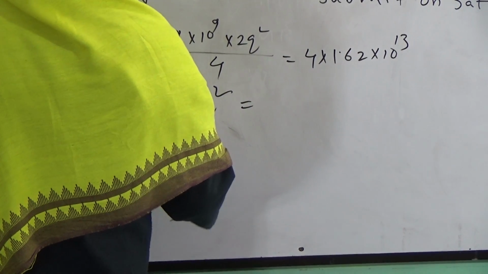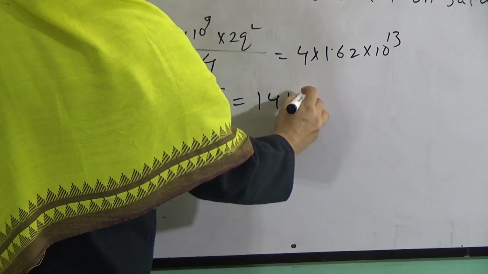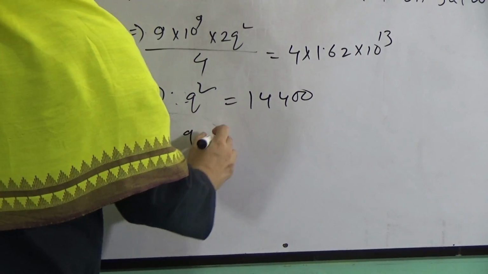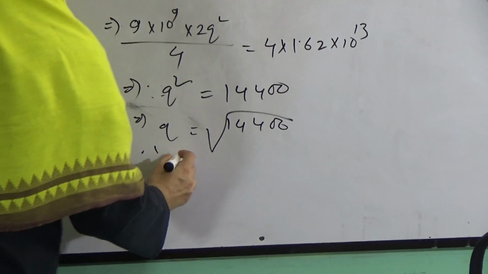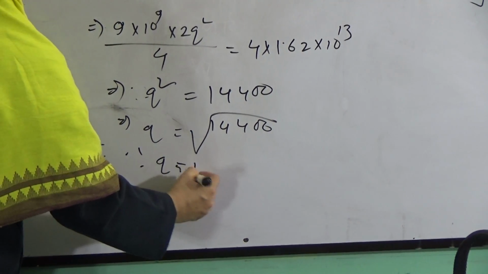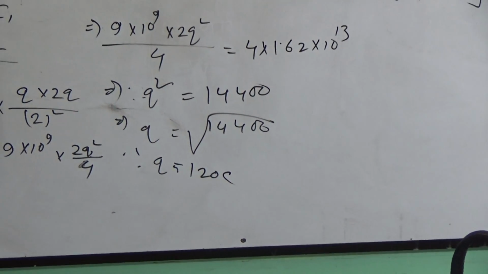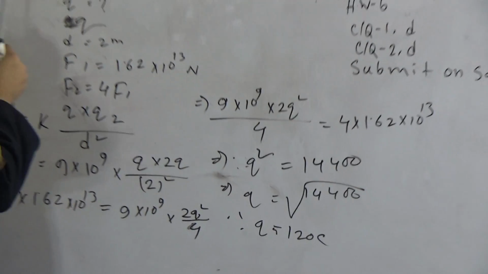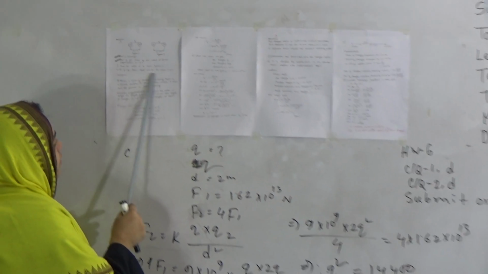By doing this calculation we can write Q square equals 14400, then Q equals root over 14400. So Q will be 120 coulomb. So in the question, if F2 equals 4 F1, then what will be the value of Q? The value of Q will be 120 coulomb.